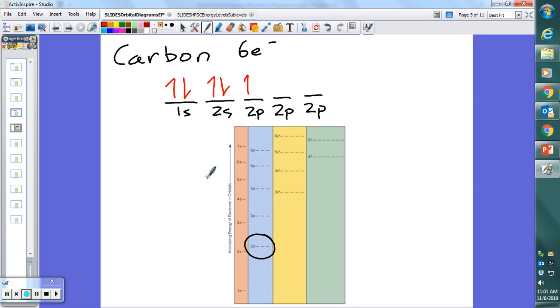No. But when we go to place electron 6, there's a right place and a wrong place to put it. So, what did we just talk about in regards to all 3 of those 2p orbitals in terms of their energy? They're the same energy. So it doesn't make a difference whether this electron goes here or here or here. But the next one, it does make a difference.